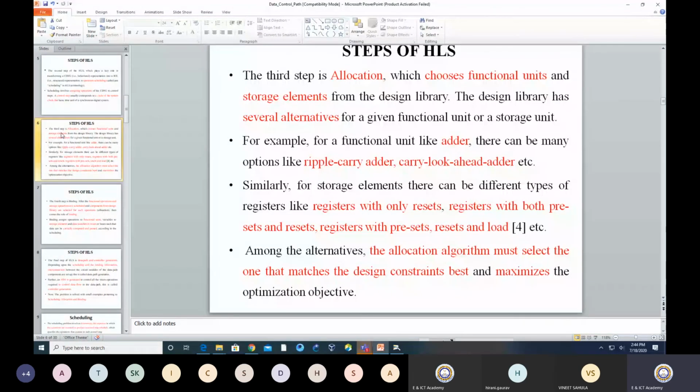For the storage element also we have registers with different external terminals, like reset, preset, load. So it is up to you which suits best for your application, and according to that you need to choose. What the strategy for the choice is, that also we will discuss.